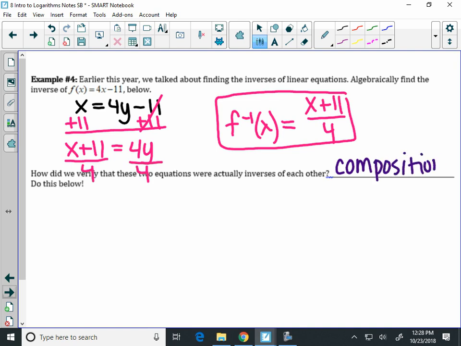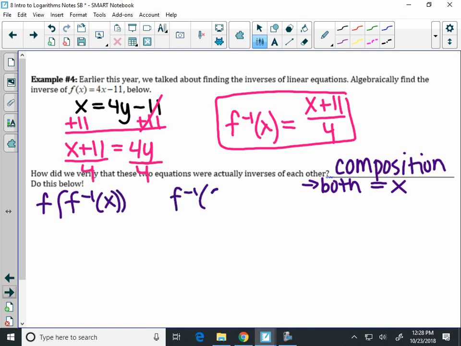We'll just say both had to equal x. Now I'm not going to make you do both compositions here, because to really prove these were inverses, you would have to find f of f inverse of x and f inverse of f of x. That just seems like a lot of work for not the point of today. So let's just do one of them.